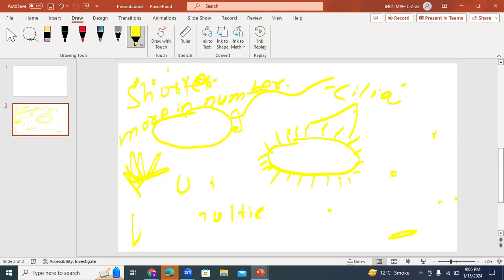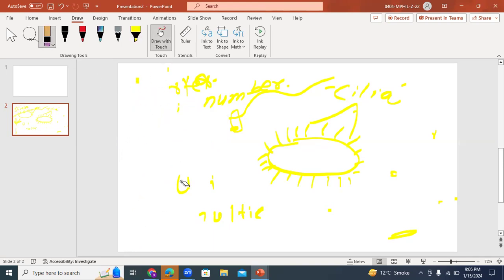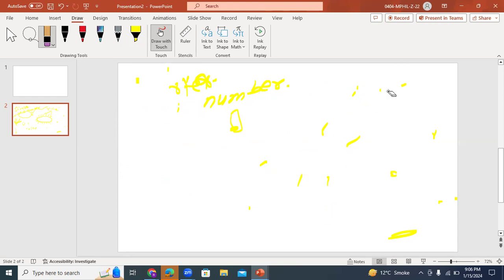What is its composition? Have you heard somewhere about microtubules? What type of structures are these microtubules? As we are using the word tubule, it means it's like a tube.